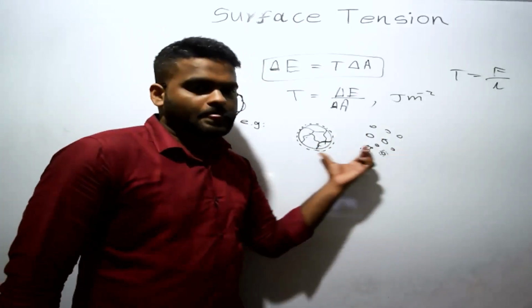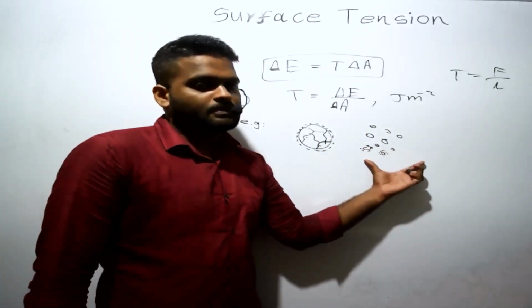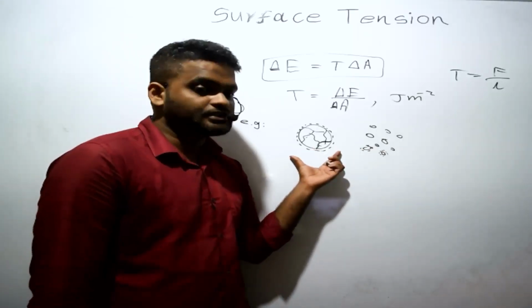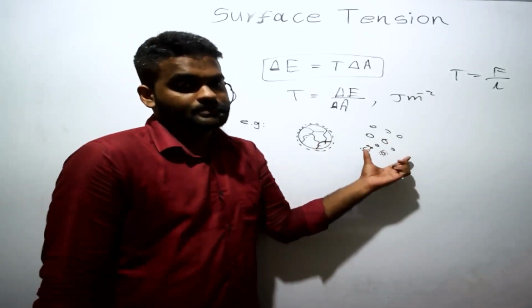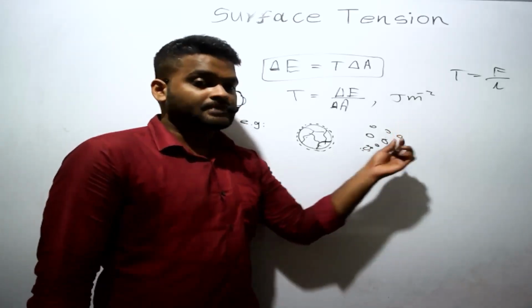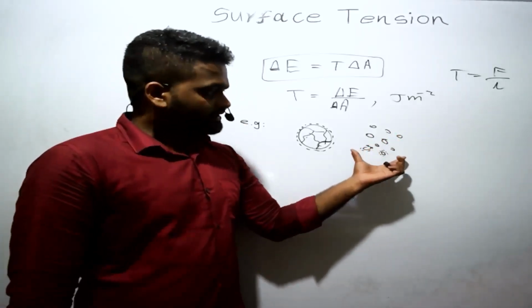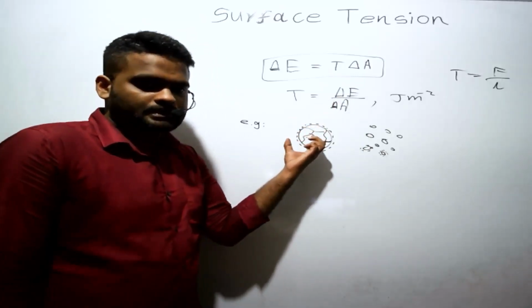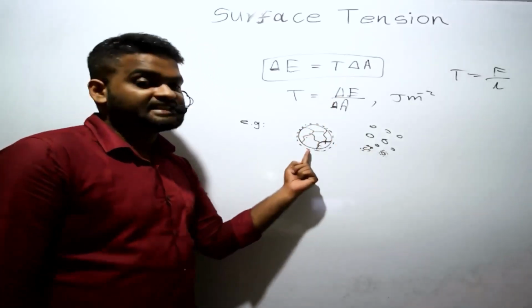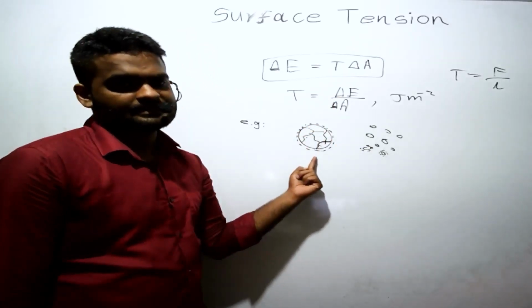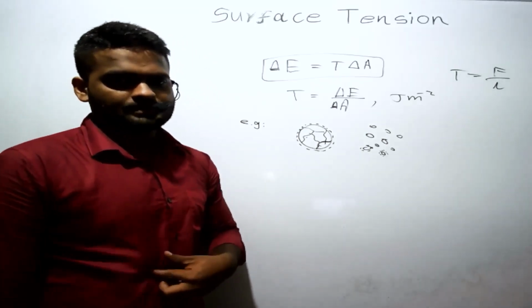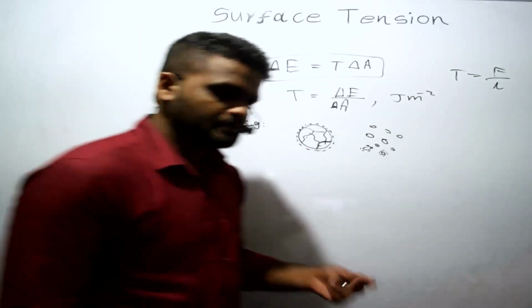So when you make it into small parts, let's say a large water drop into small water drops, surface area increases. Then you can also collect all these and make a large drop. In that case, surface area decreases, so surface energy also decreases. Just remember that. You have to understand that.